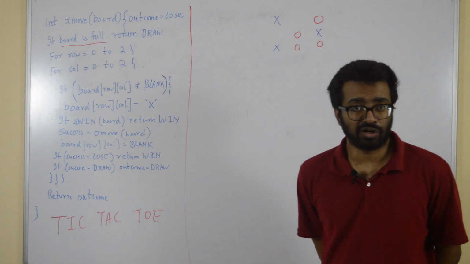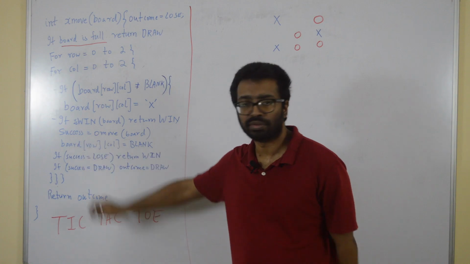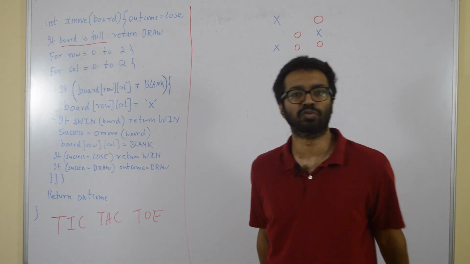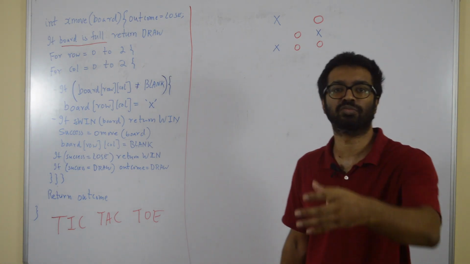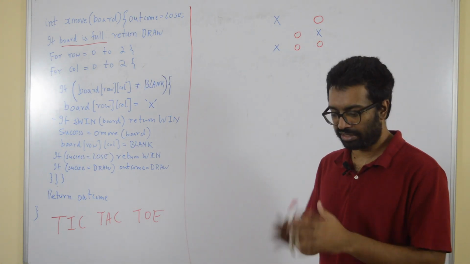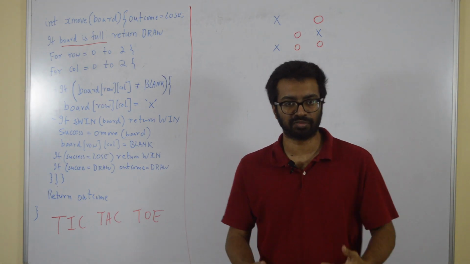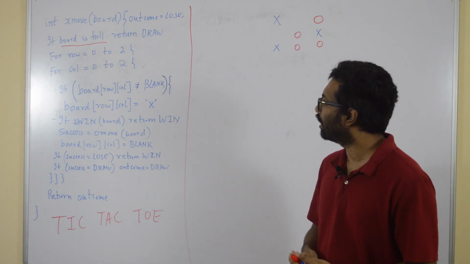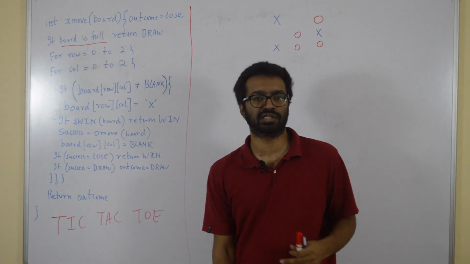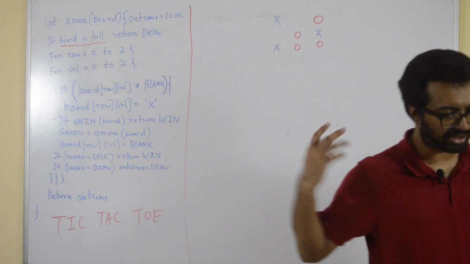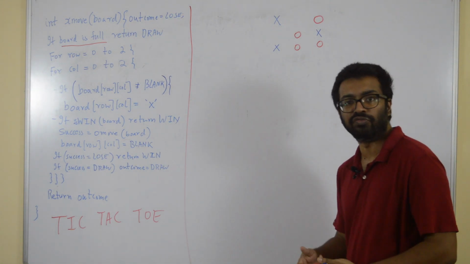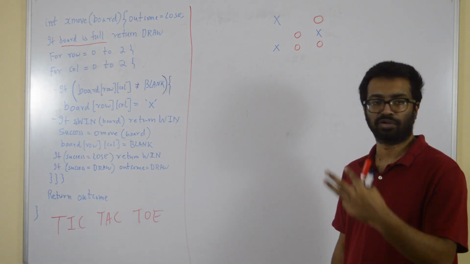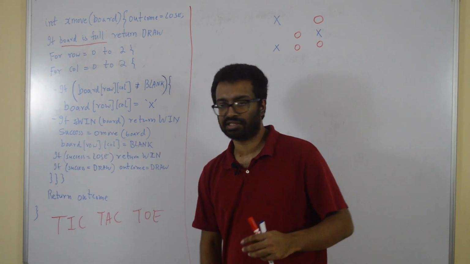On the other hand, if it's not a win, I'm going to call the O move, the opponent's move, with that board position, and it's going to return its result into success. So the opponent might play somewhere and say that the opponent is going to win, or is going to lose, or it's going to be a draw. The opponent is going to reply with one of these, and that's going to be stored in success.